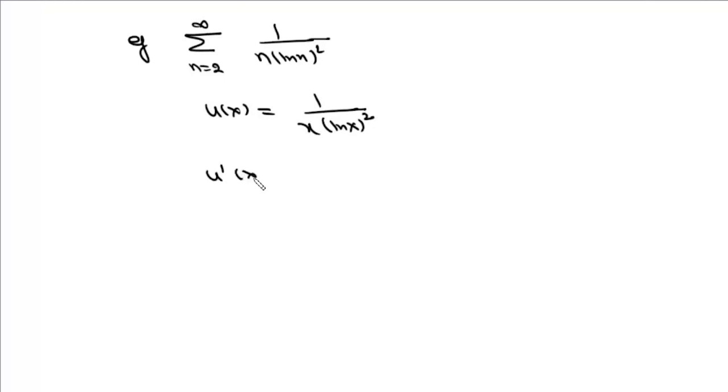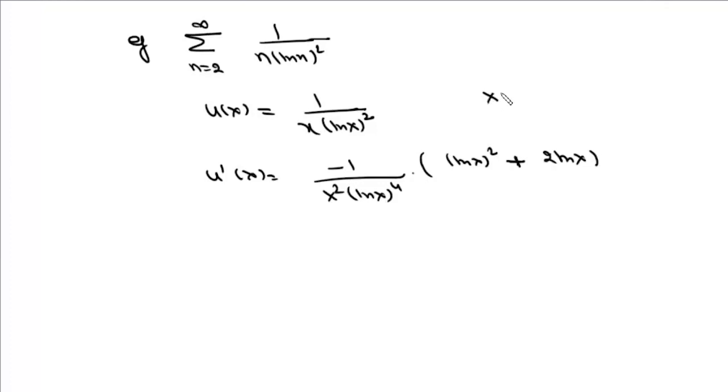Now we find u dash x will be minus 1 upon x square (log x) to the power 4 into (log x square plus 2 log x). Now since x is greater than or equal to 2, this log is positive, these even powers will be positive, and we have this negative sign, so that means u dash x is less than 0.